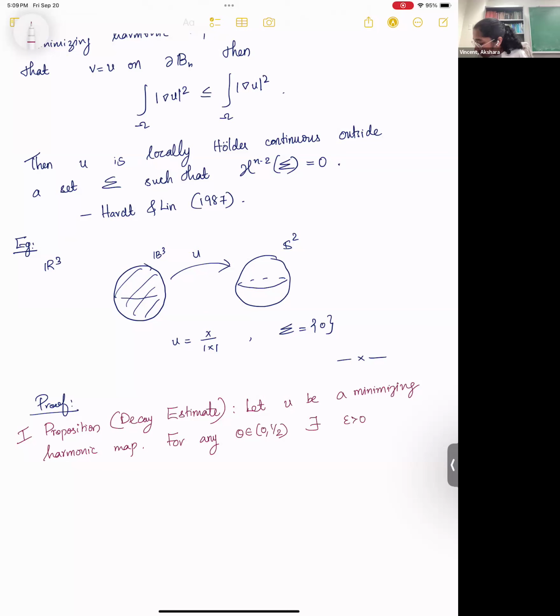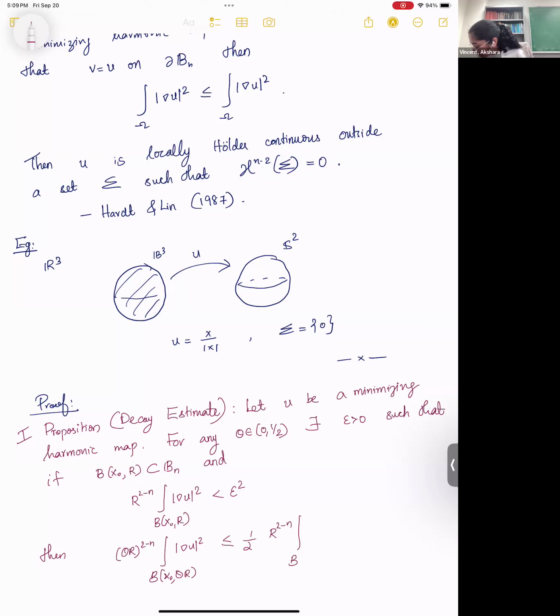There exists an epsilon greater than 0 such that if B(x0, R) is a subset of the unit ball B^n and the integral over B(x0, R) of R^(2-n) mod gradient of u squared is less than epsilon squared, then theta R to the power 2 minus n, integral over B(x0, theta R) of mod gradient u squared is less than or equal to 1/2 R^(2-n) integral over B(x0, R) of mod gradient of u squared.